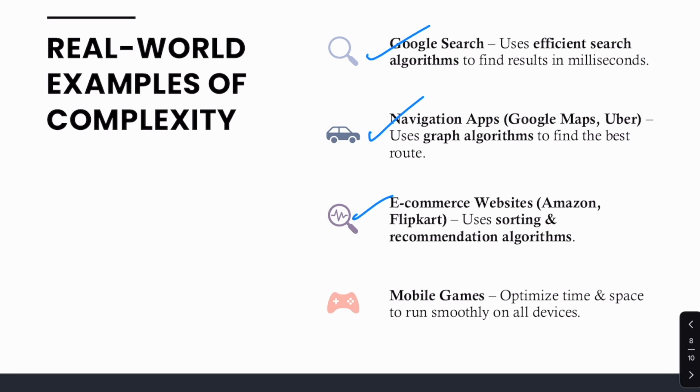Again, in the mobile games industry, games need to be fast and memory efficient so that they can run on different devices. Behind the applications, they also use efficient algorithms to process data quickly. Without proper time and space management, these applications won't function smoothly.